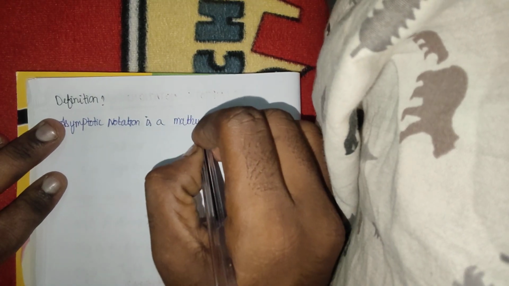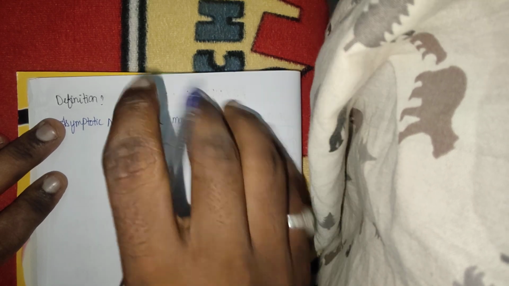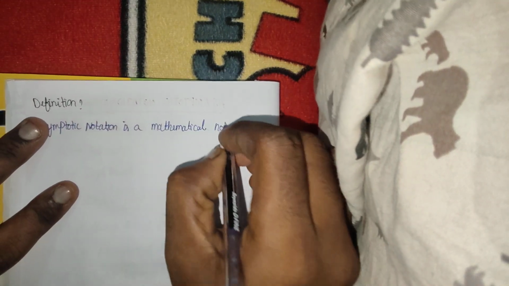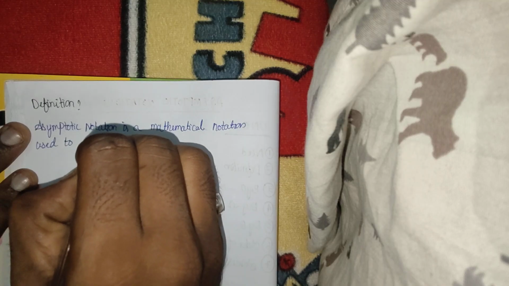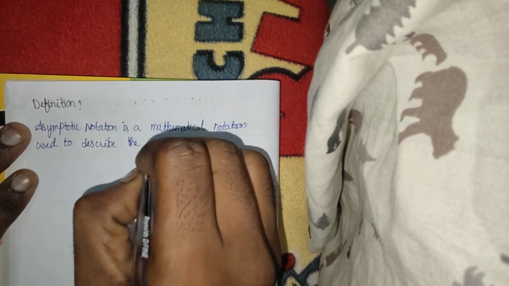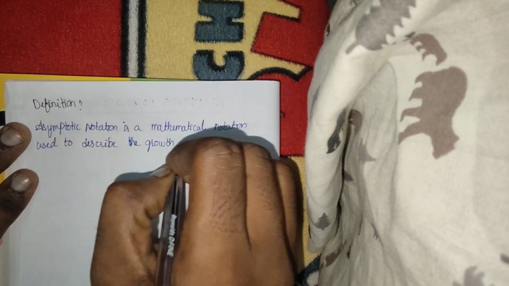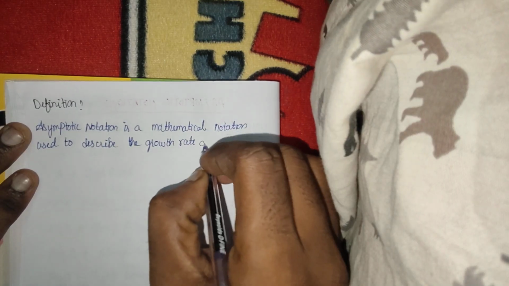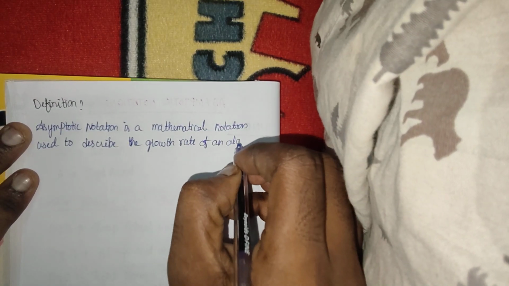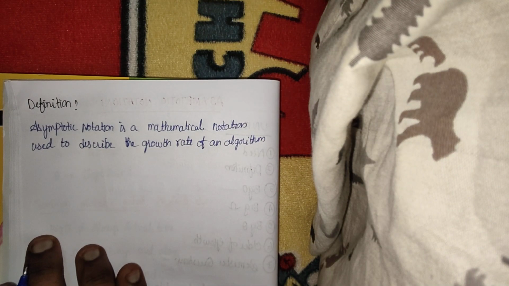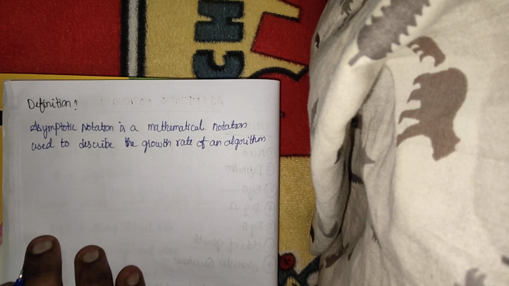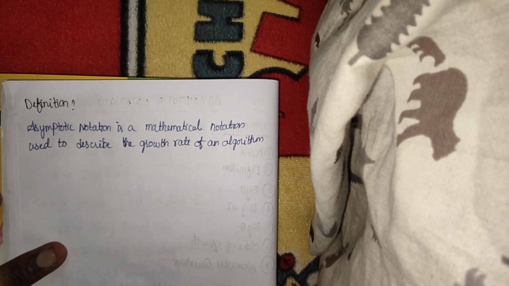Asymptotic notation is a mathematical notation used to describe the growth rate of an algorithm as the input size becomes very large.